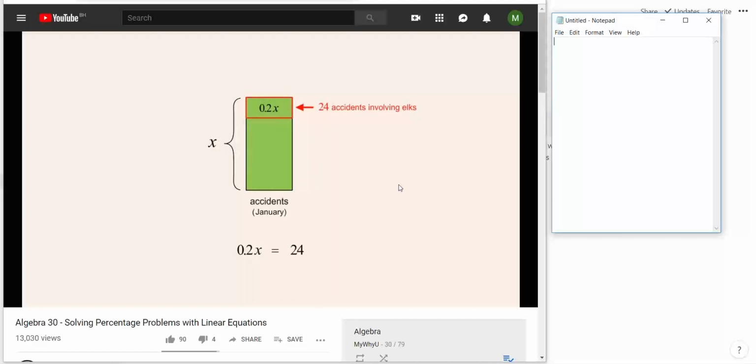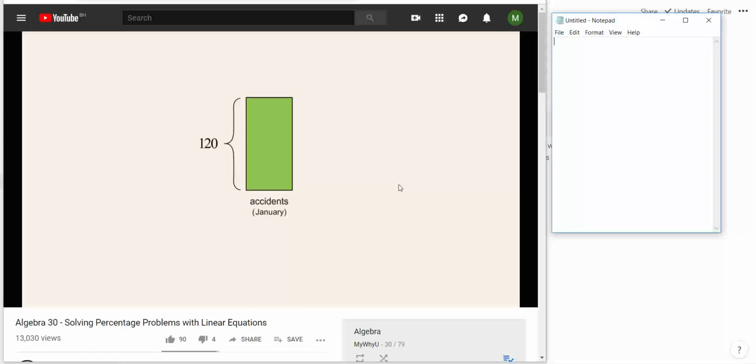To solve this equation, we eliminate the coefficient of x, 0.2, by dividing both sides of the equation by 0.2. This allows us to cancel the coefficient, leaving us with the equation x equals 24 divided by 0.2, or x equals 120. So, according to our calculations, there were a total of 120 road accidents in Sweden during the month of January.